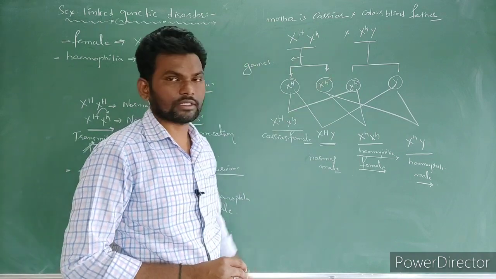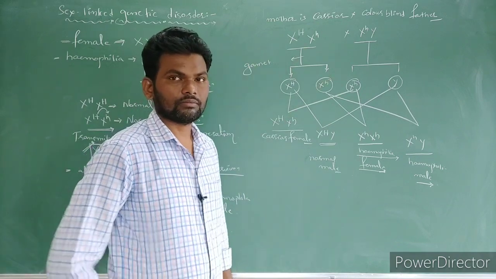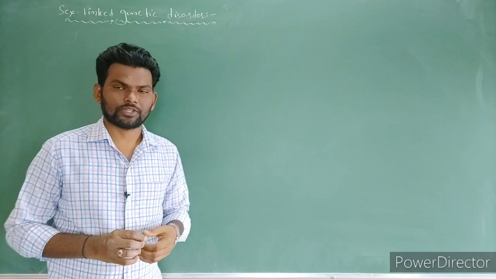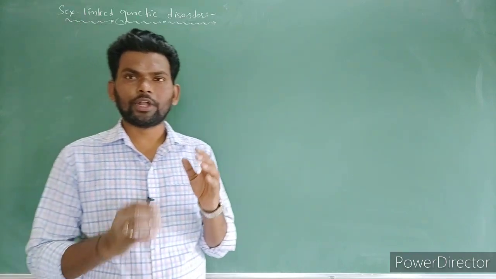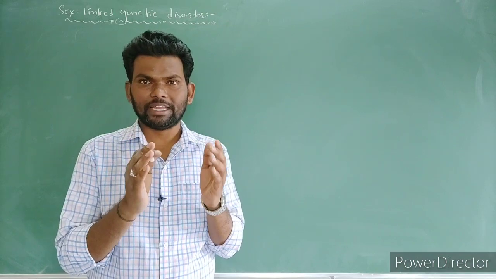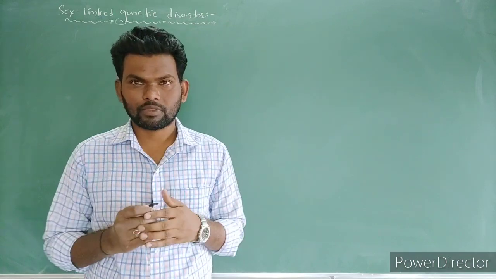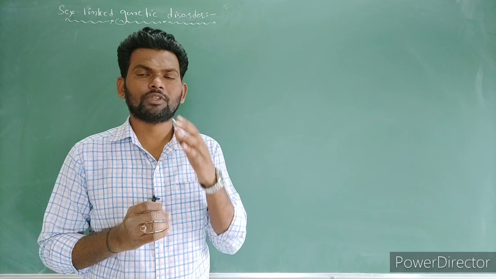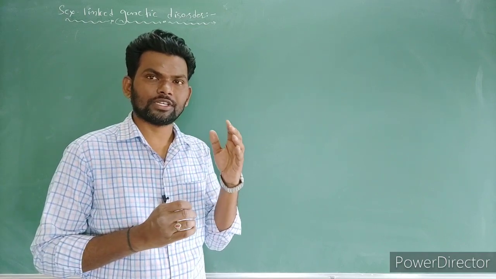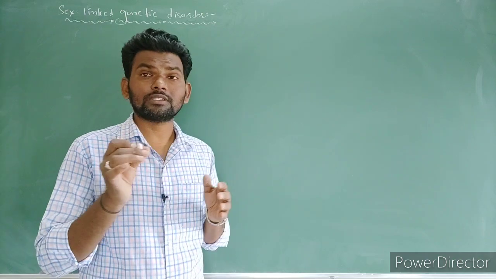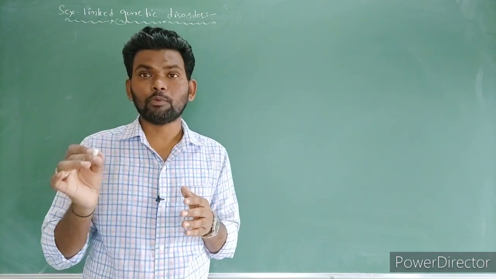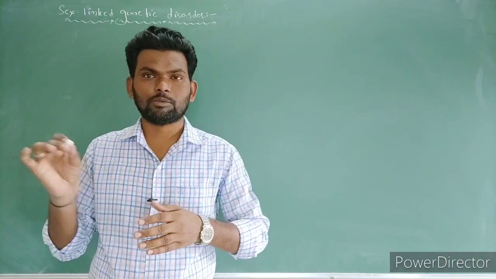In that way they are going to ask questions. Let's see one previous question. If you make a cross between a hemophilic male and a normal female, what is the probability of a hemophilic male as well as a hemophilic female?